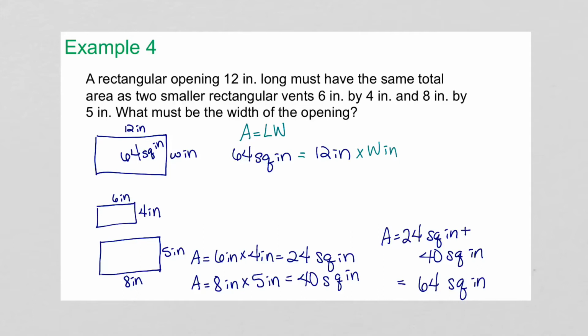Okay. So we've got the formula W equals A over L. And we can plug it in this way, or we could have divided both sides by 12. But I'm just going to do it with this formula.